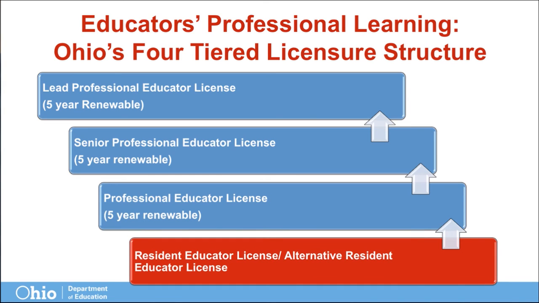Professional development is a comprehensive, sustained, and intensive approach to improving teachers' and principals' effectiveness in raising student achievement. As mentors clearly articulate the 4-tiered licensure structure to resident educators during their induction years, it is important to understand that residency provides the required professional development and time for professional learning for resident educators in their first 4 years of teaching.